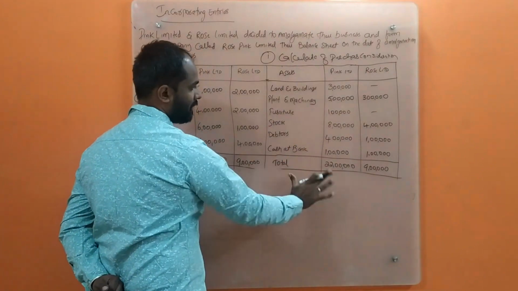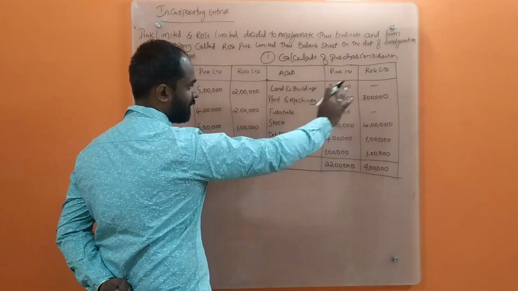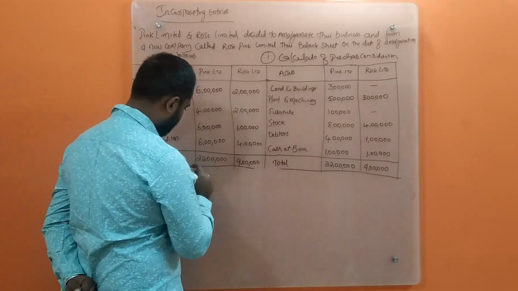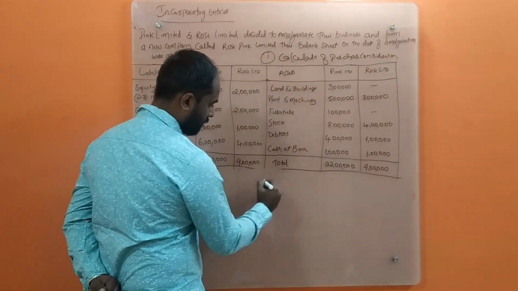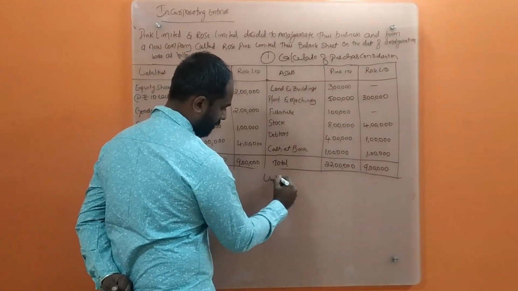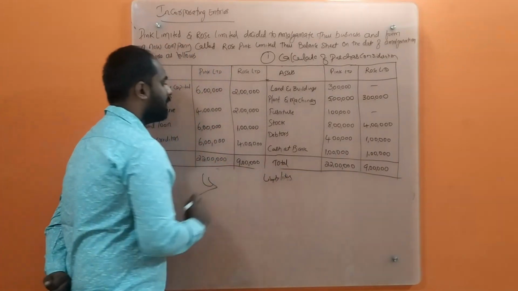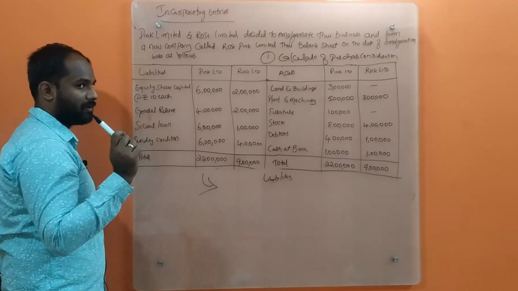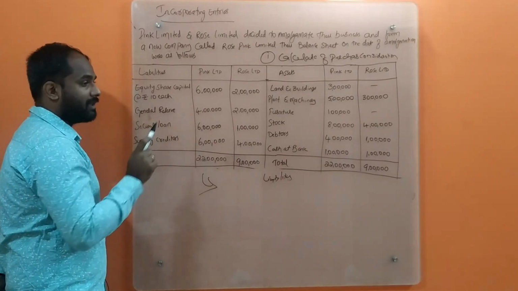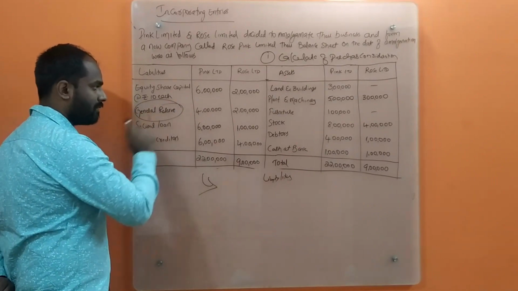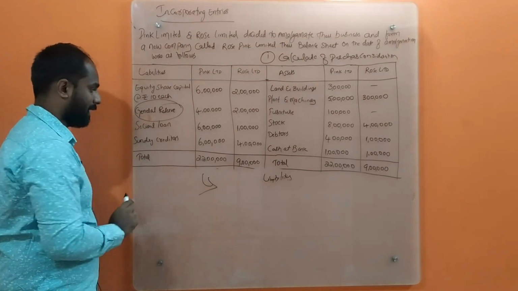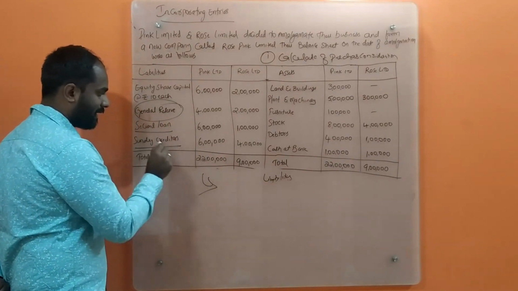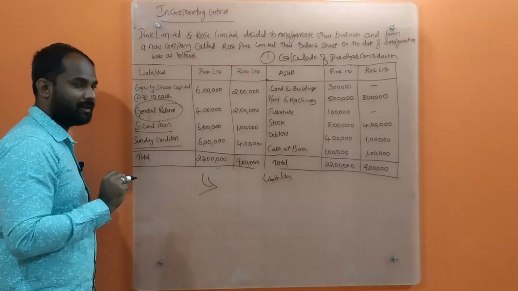We will take the total assets of Rose and Pink Limited, then we will bring back the liabilities. In liabilities, as you are aware, we have to take only current liabilities, and we are not supposed to take any fictitious assets. In this case, general reserve is a fictitious asset, so we are not supposed to take it. So only secured loan and sundry creditors will be considered for your net asset method.